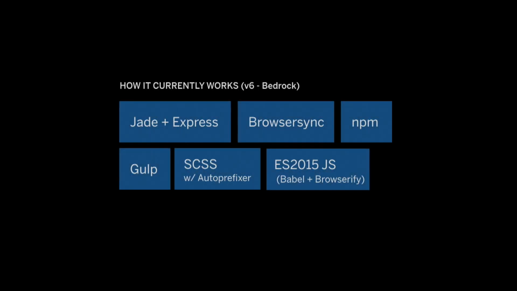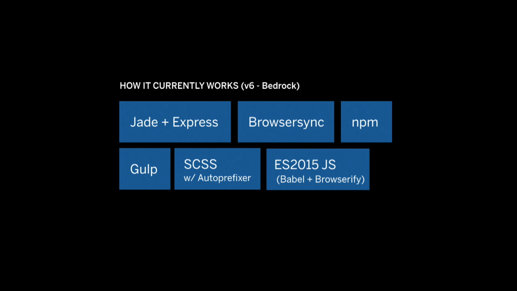So to go into the tech stack of what it currently works, it looks a bit like this, where we are using very modern tools. There's even some parts that, as a designer, I don't really understand, such as the right bottom part about Babel and Browserify. So some things are getting a bit too technical, even for me as one of the co-creators of Bedrock.